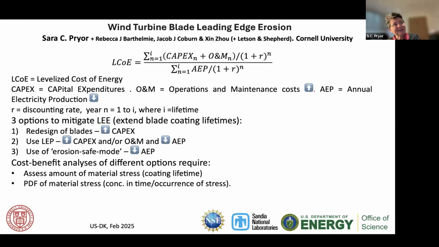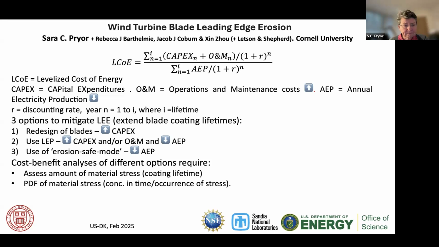If we do it after blade production, it drives up, of course, operations and maintenance costs because it's expensive to add something to an operating wind turbine. Almost all leading edge protection manufacturers will admit you change the shape of the blade and therefore you reduce its aerodynamic efficiency. So if we add leading edge erosion protection, we reduce power production because we're changing the aerodynamics of the blades.